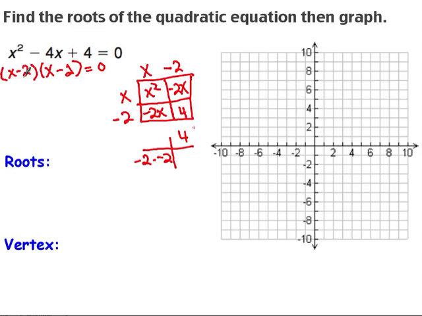So for here, we're going to set the first factor to 0 and then set this factor to 0. So x minus 2 equals 0. x minus 2 equals 0. Where did I get this from? Just setting the first factor here to 0 and the second factor to 0. And then solve.